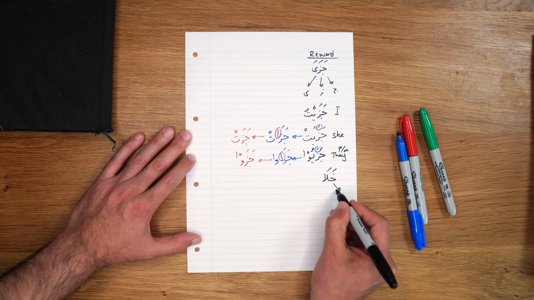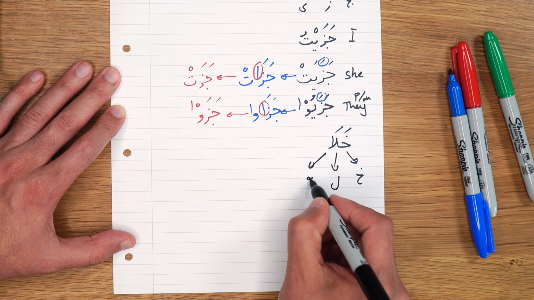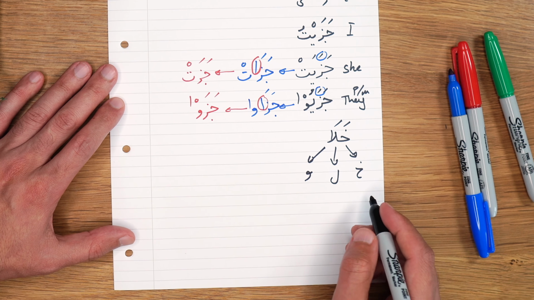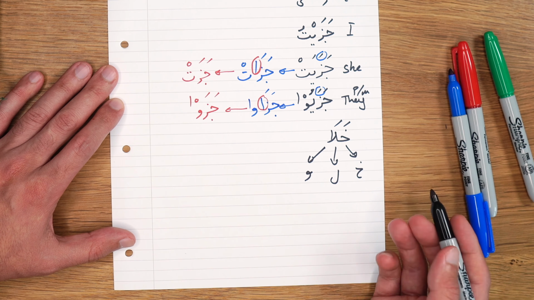Now this word originally is kha, lam, waw, khalo. If you wanted to say I, khalawtu, there's no real difference.